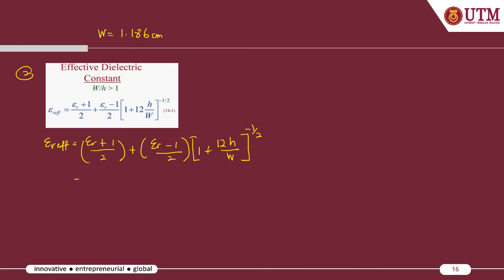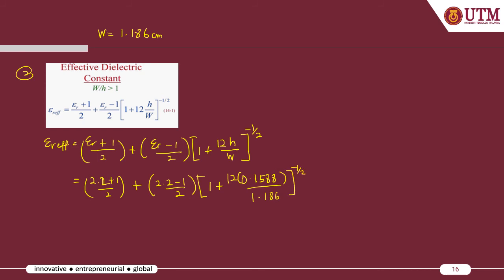Right, so epsilon r as given is 2.2, plus 1 divided by 2, plus 2.2 minus 1 divided by 2, multiplied by 1 plus 12 times h, which is 0.1588 cm, divided by the width also in cm, 1.186, to the power of minus half.